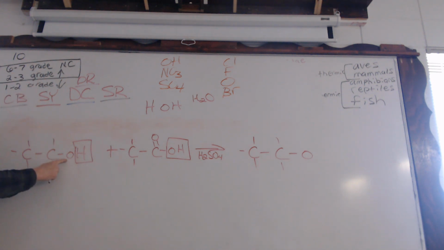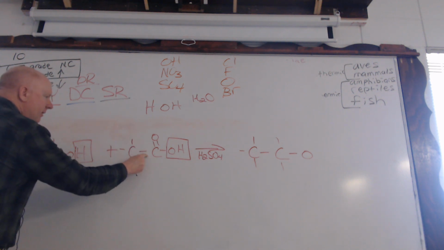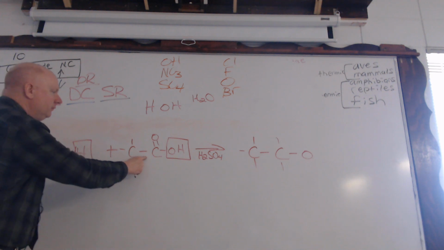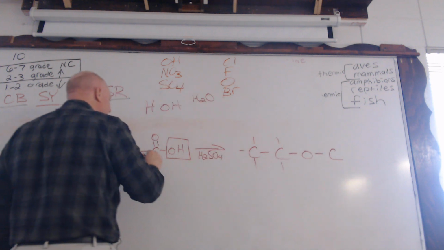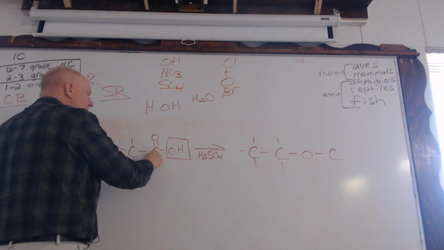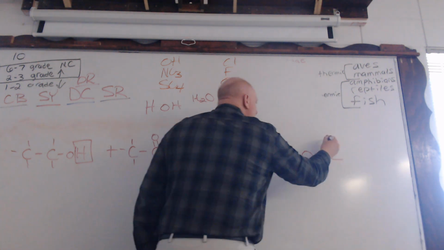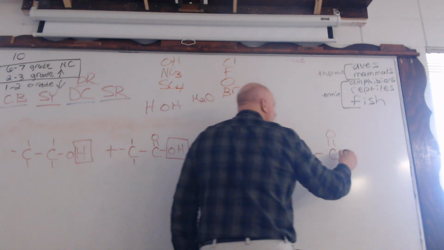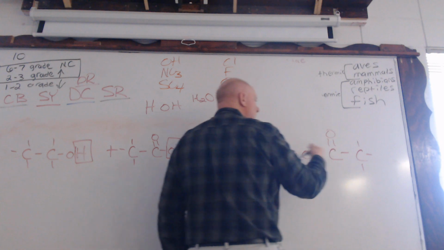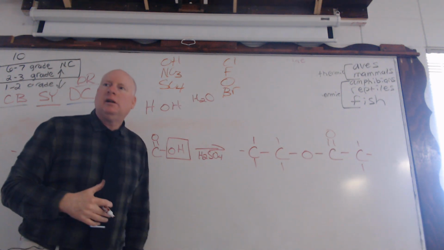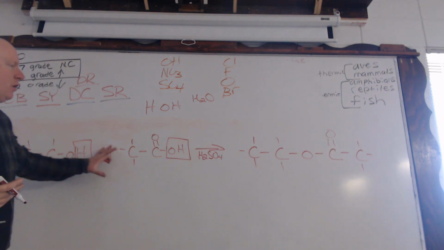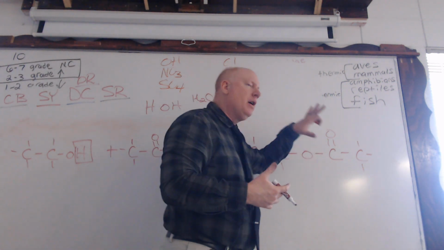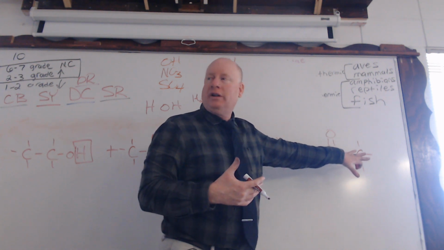Okay? So then what's left over from this compound? A double bond between. So then this carbon is this one right here, and it still has this on it. This is what we call a complex ester. And esters give off fragrances. So what this does in this chemical reaction is create a specific fragrance, which is organic chemistry.